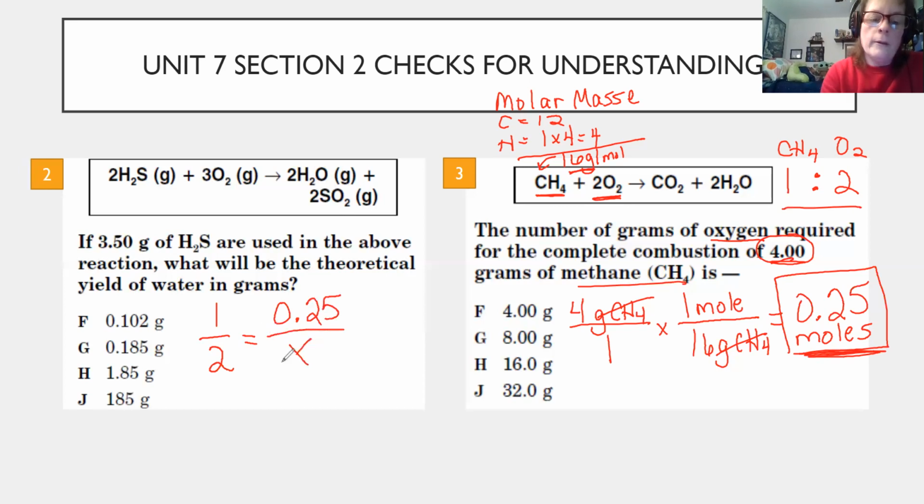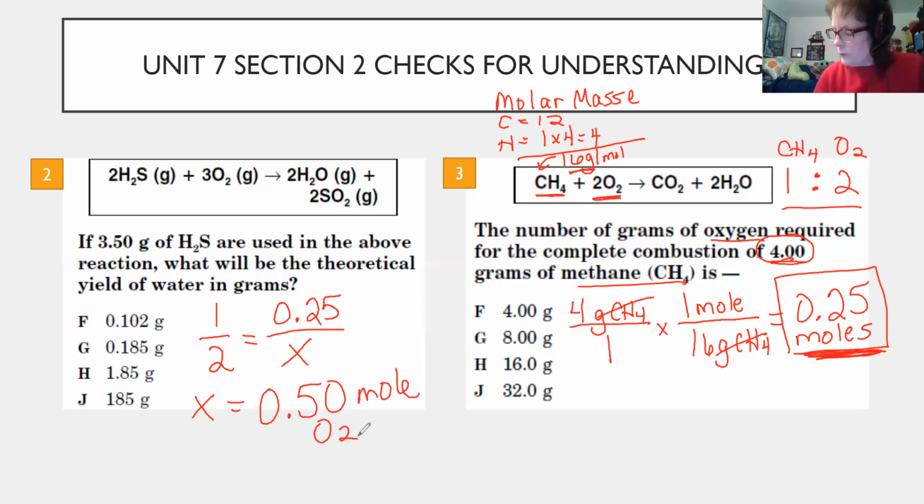But we don't know what we need with oxygen to react with just 0.25 moles of methane. So just do your cross multiplying. 1 times x is x. 2 times 0.25. Y'all can do this in your head, but we're going to need half a mole of oxygen in order for this to work. And now you just have to convert half a mole to grams.